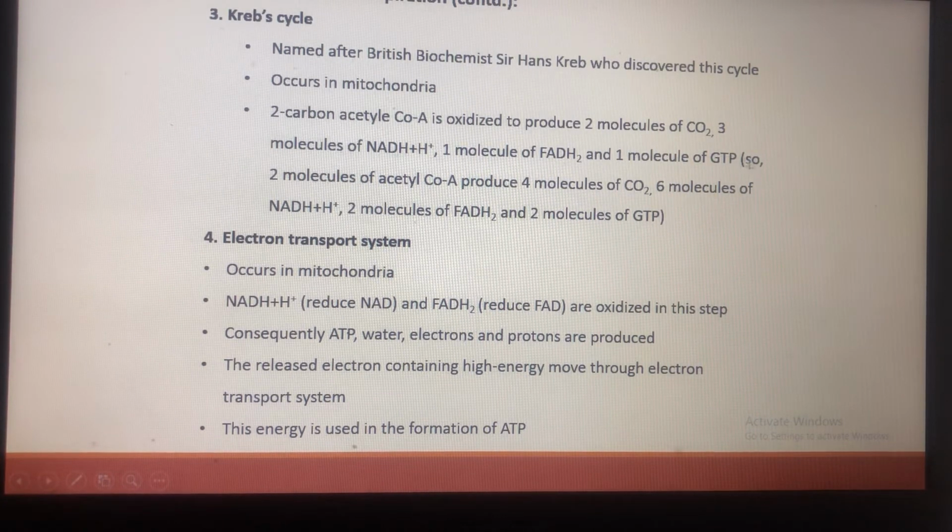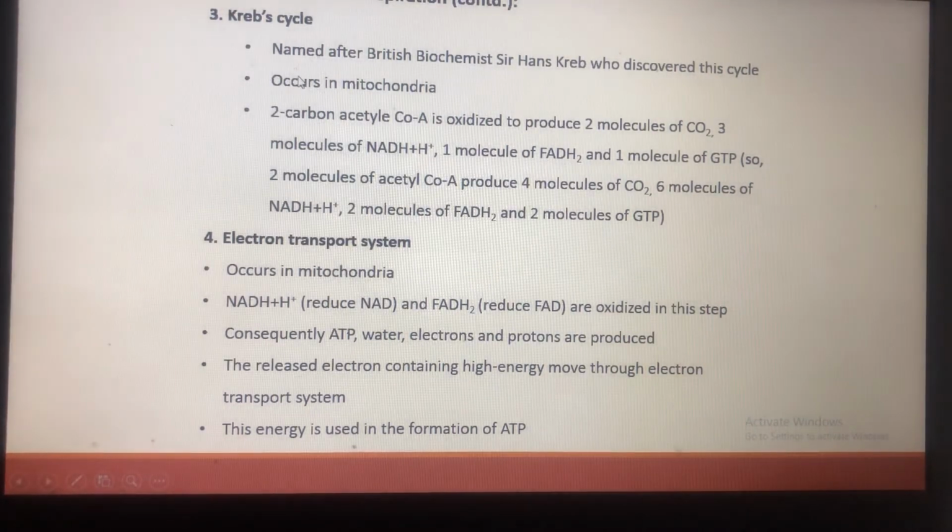So a total of four molecules of carbon dioxide, six molecules of NADH plus H plus, two molecules of FADH2 and two molecules of GTP will be produced from the two molecules of acetyl-CoA.